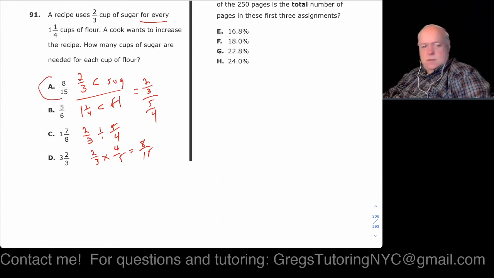If we wanted to, we could have set up this as a proportion. We could have done 2/3 over the 1¼ is equal to how many over 1, because that's what they're trying to shoot for there. All right, and just solving it that way.